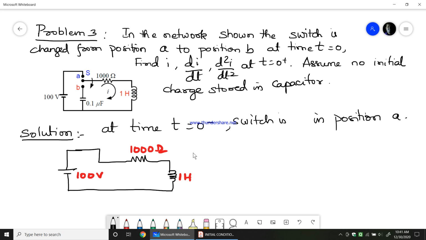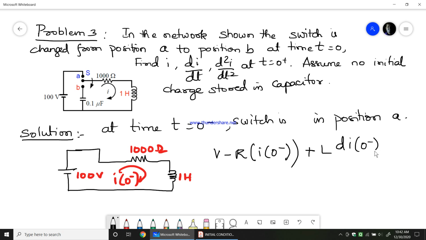If I write the equation for this, what will I get? V minus R into I(0-), where this is the current I(0-), plus L into dI(0-)/dt equals 0. Now, there is no initial voltage across the inductor, as we see. Therefore, this term will become 0. So, V minus R into I(0-) equals 0.